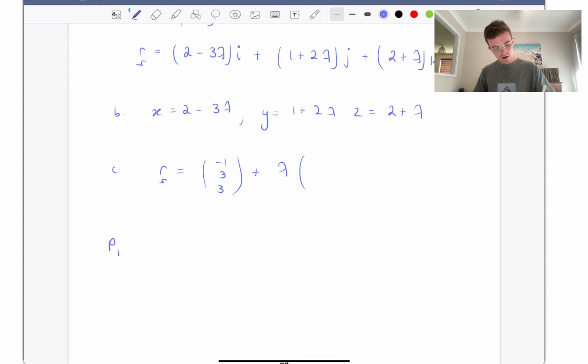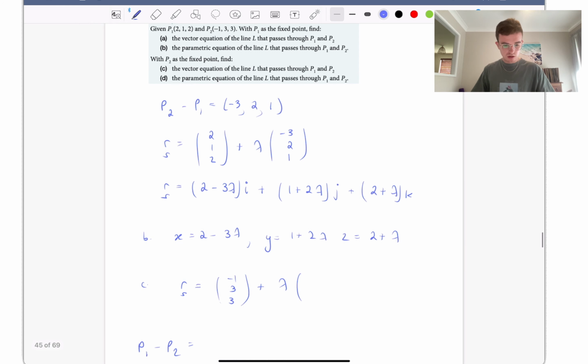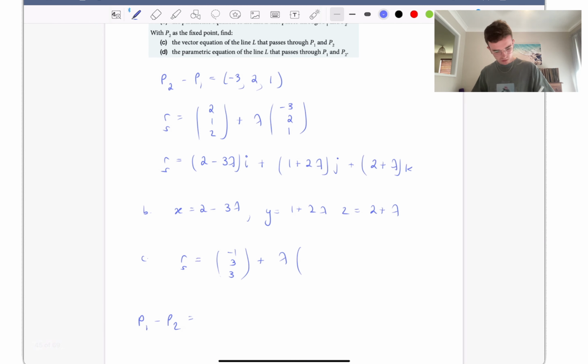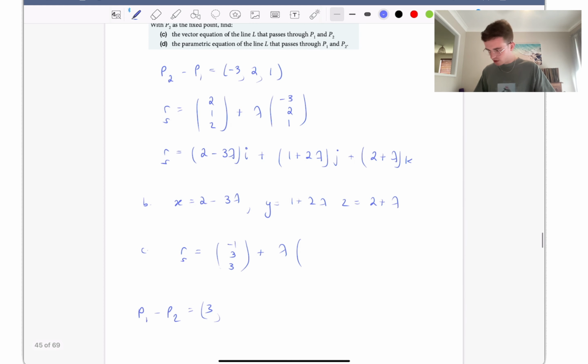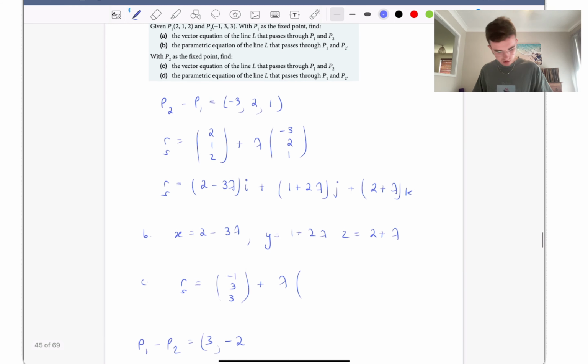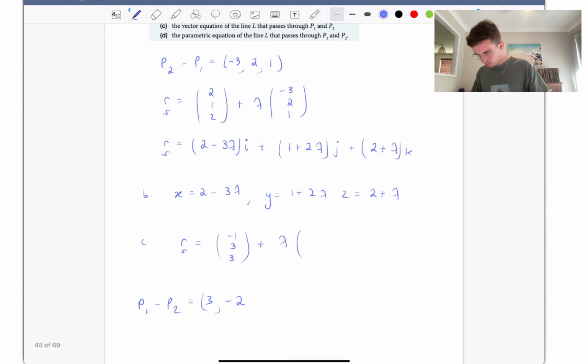Let's do that over here, P1 minus P2. Well, that's just going to be 2 minus minus 1, which is 3, and then 1 minus 3 is minus 2, and then 2 minus 3 is minus 1.